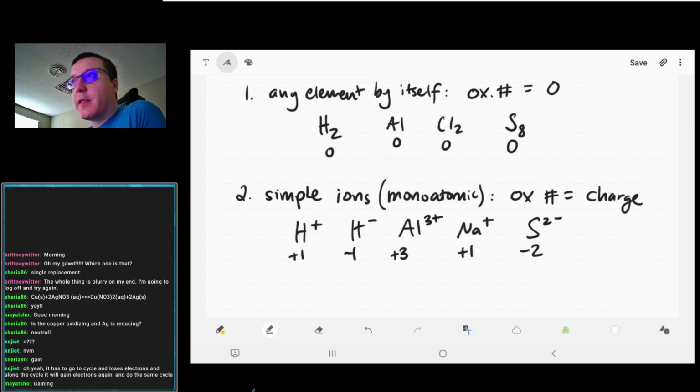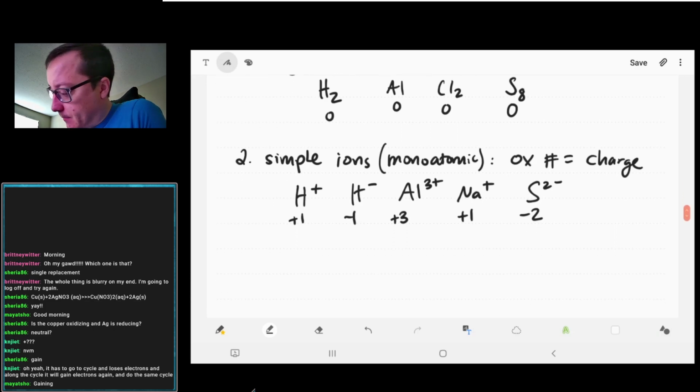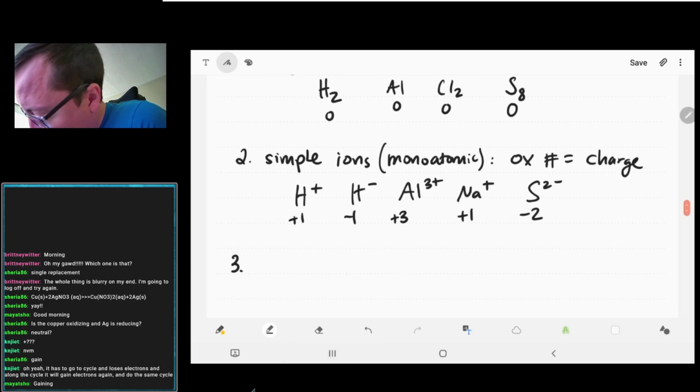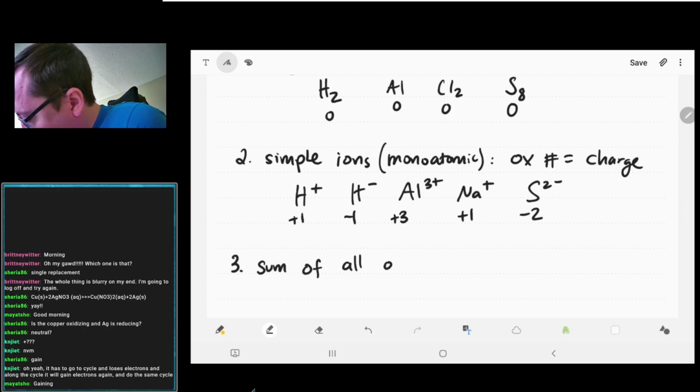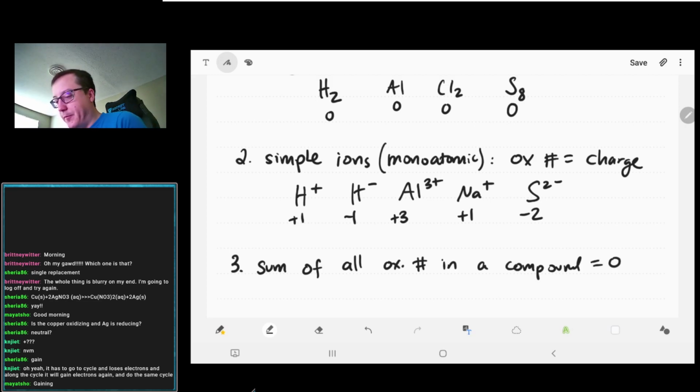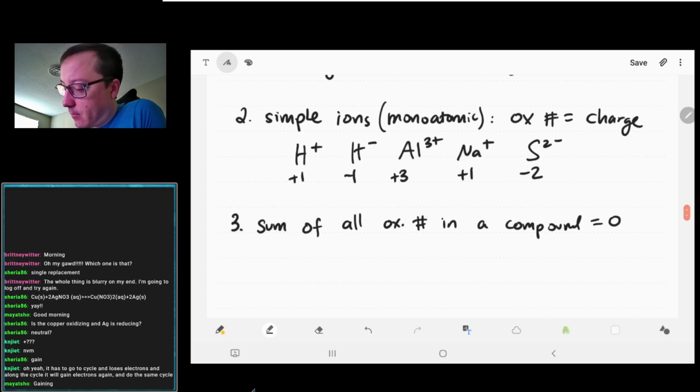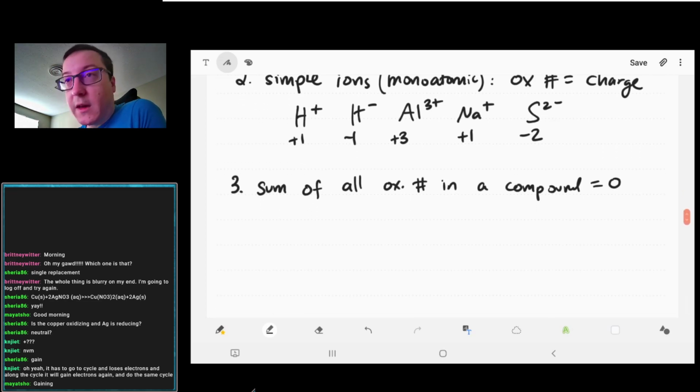The third one is where things get fun. The sum of all oxidation numbers in a compound will equal 0. We can take a look at that.